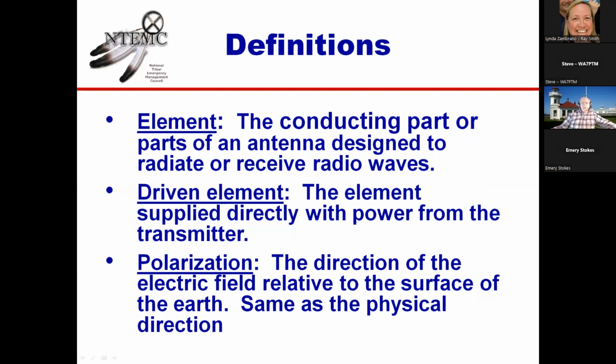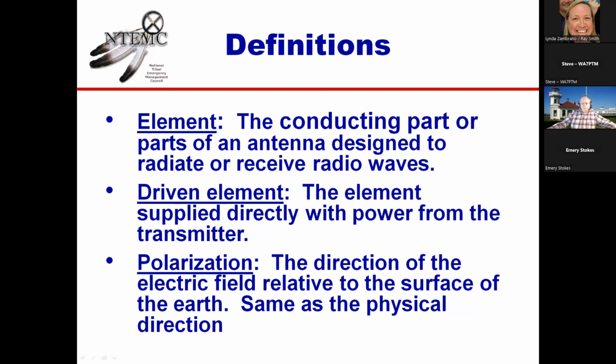A driven element is the element that's supplied directly with power from the transmitter. And when we talk about directional antennas, we'll get more into this. Polarization is the direction of the electric field. Remember that the radio waves are composed of an electric field and a magnetic field, and they're at 90 degrees to each other.